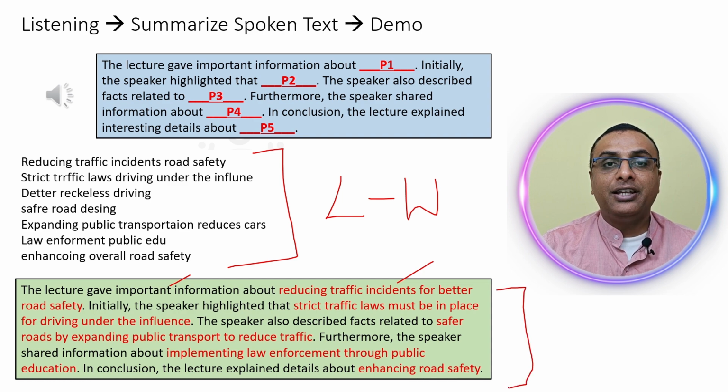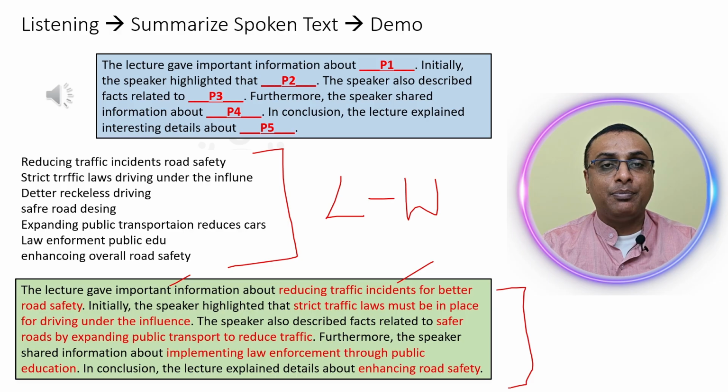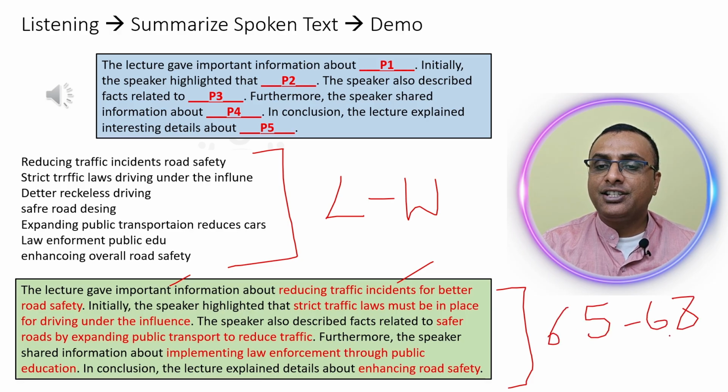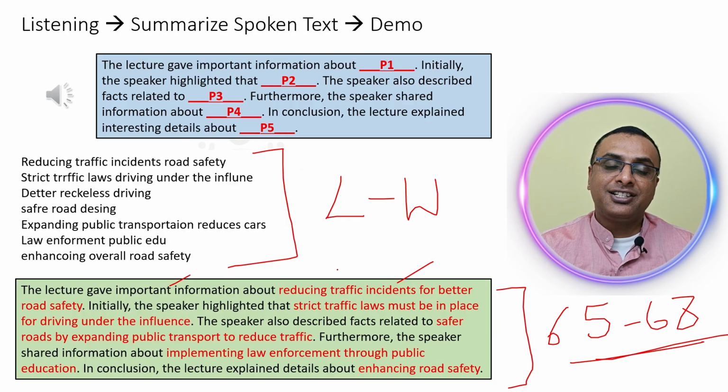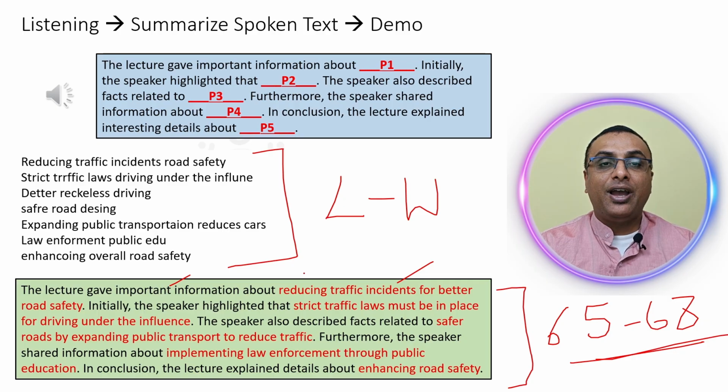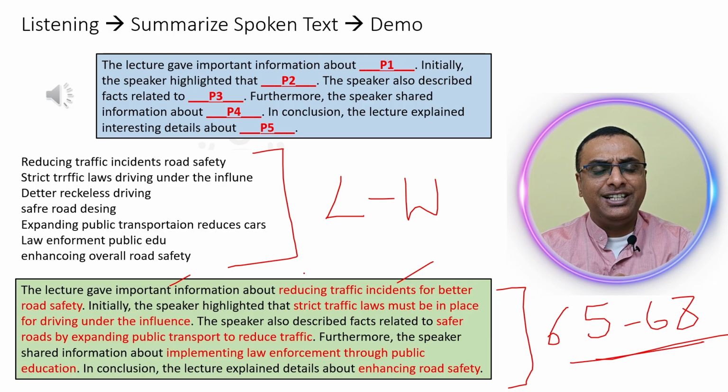Overall, by combining all the words that I have captured in terms of phrases, I have written about 65 to 68 words, which is absolutely fine. For example, I have slightly tweaked my response while combining it with the template, meaning whatever phrases I've written down, I've slightly tweaked them.